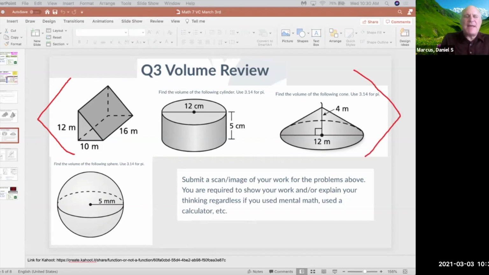What do I mean by the generic formula? I'll give you a hint. It involves a capital B in the formula. Give me the generic formula that will work for all 3 of the shapes at the top: the triangular prism, the cylinder, and then the cone.